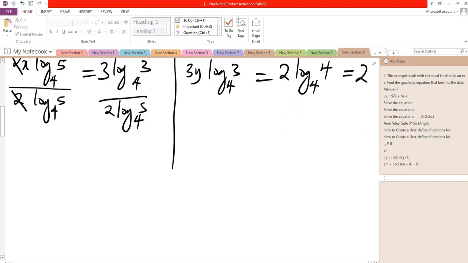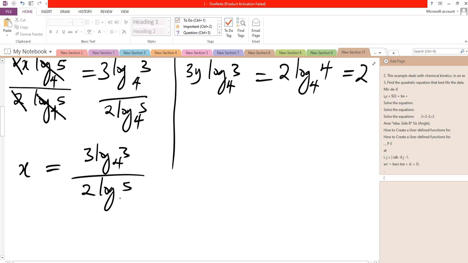So log 5 base 4 will cancel log 5 base 4. Now on the left hand side, we're left with x is equal to 3 log 3 base 4 all over 2 log 5 base 4. So this is our x.